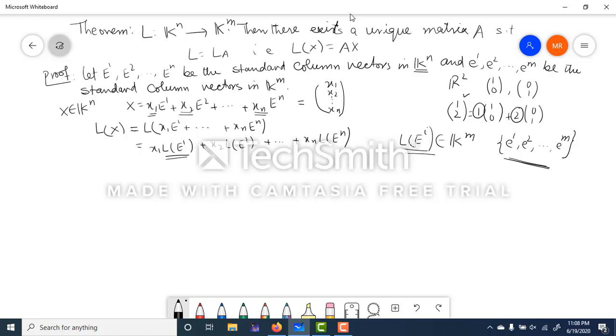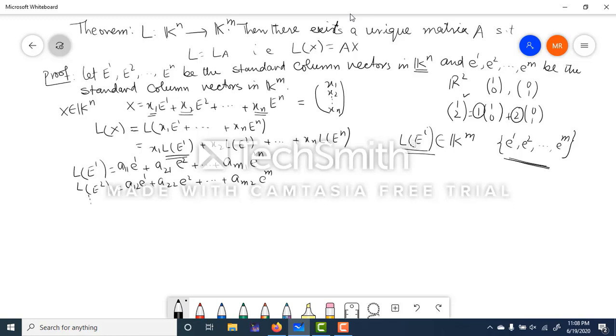Hence, L of e1 is equal to a11 e1 plus a21 e2 plus and so on am1 em. Similarly, L of e2 becomes a12 e1 plus a22 e2 plus and so on am2 em.